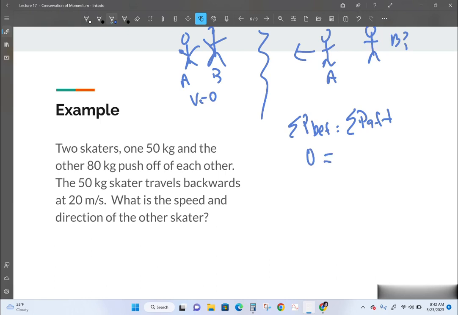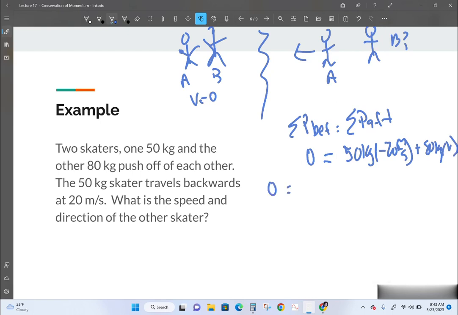And afterwards, it's the 50 kilograms times negative 20 meters per second, because it's going backwards, plus 80 kilograms times velocity.